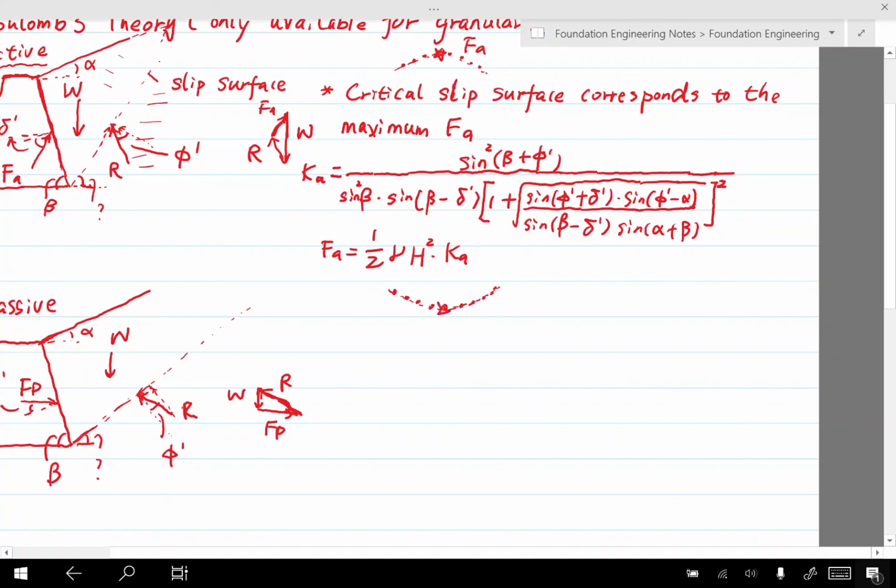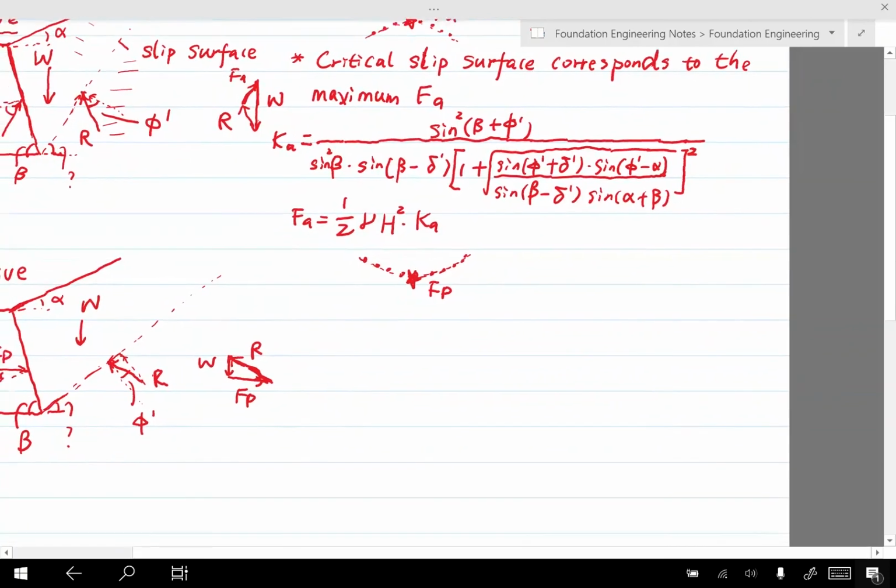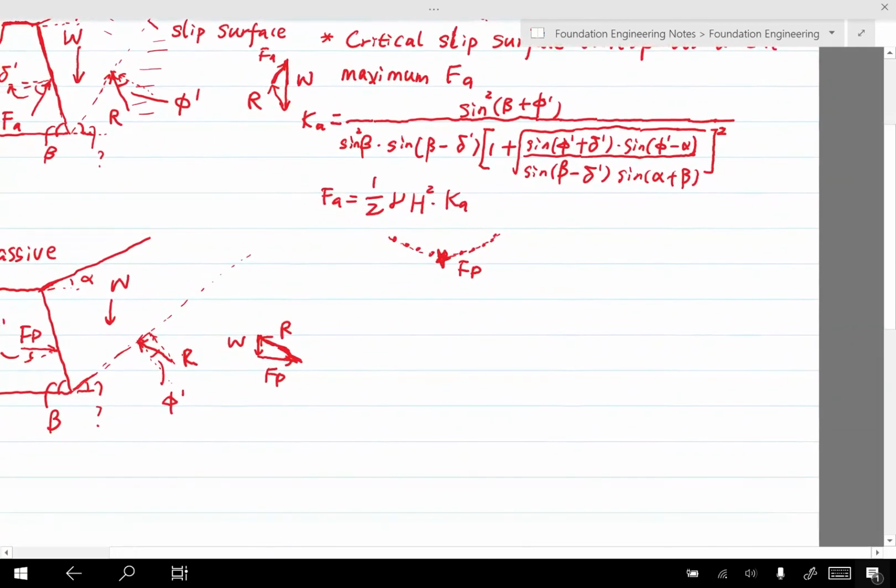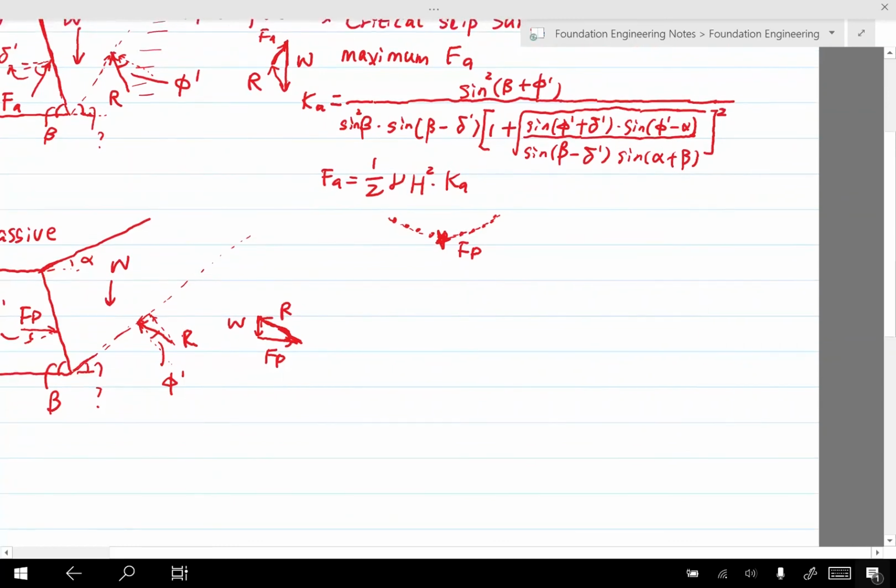And we find that the most possible angle is the angle with the lowest FP value. So this is the FP, the most possible FP. We know the FP, we can calculate the PP. We know PP, we can calculate the KP.